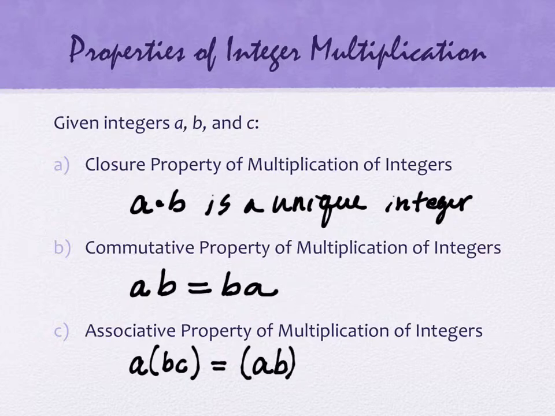A times B, and then times C. Associative keeps the letter order the same. The numbers don't change their location. It goes A, B, C, A, B, C. What changed location is what the parentheses were grouping together. On the left-hand side, it's grouping together the B and the C. And on the right-hand side, it's grouping together the A and the B.